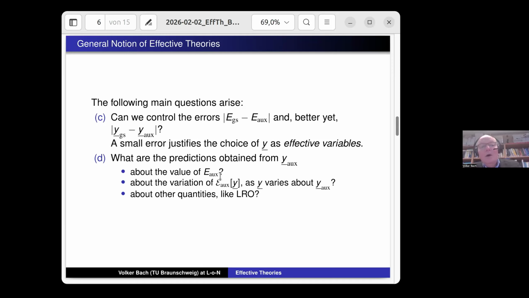So as y varies about the auxiliary minimizer, how does the energy functional vary? This leads to the question, are there perhaps large degeneracies of these minima?